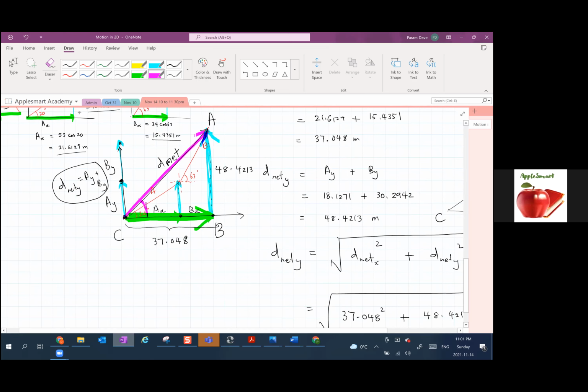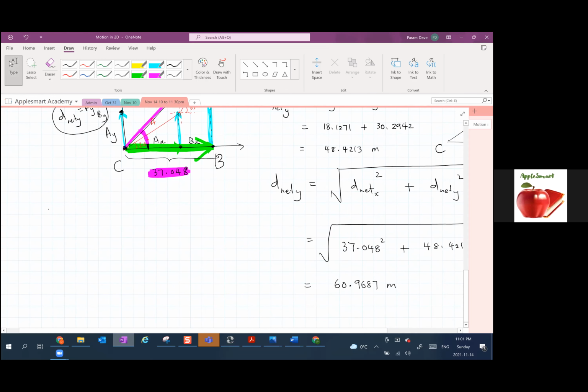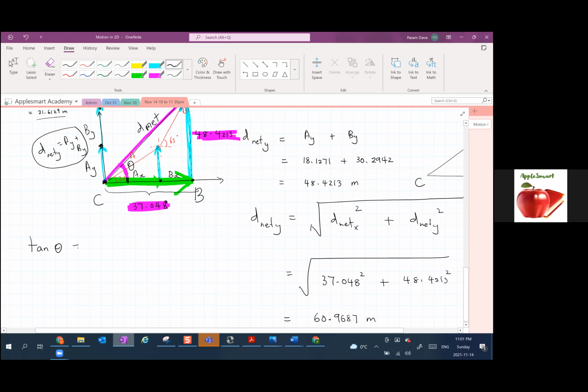So we have to find out that pink angle over here. So how many degrees north of east is what we have to find out. Now, we can easily do that because look, we have the adjacent side value and we have the opposite side value. And so you can use the tan function. Okay, tan of theta. Let's call that unknown angle theta. Tan theta is equal to opposite over adjacent.